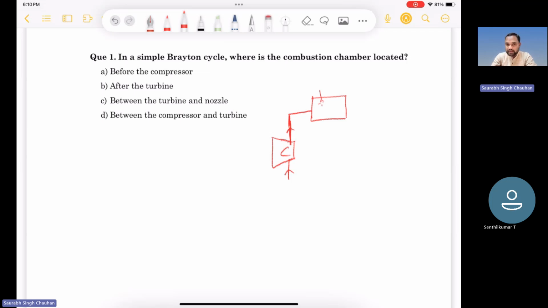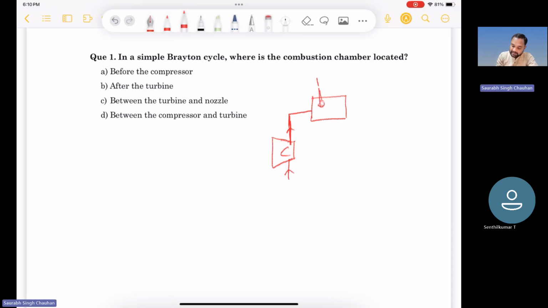If it is not ignited, then we use a spark plug. But anyhow, we are burning some fuel, so basically we are adding some heat. So this is a heat addition process, and in an ideal Brayton cycle, it will be a heat addition process at constant pressure.